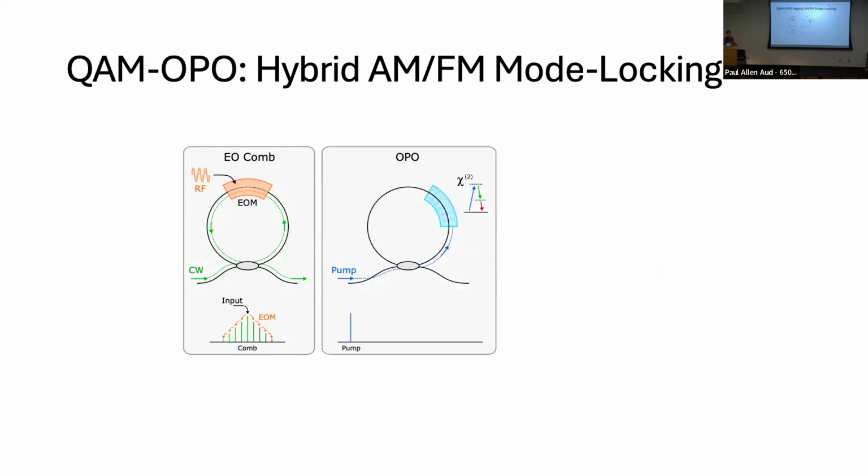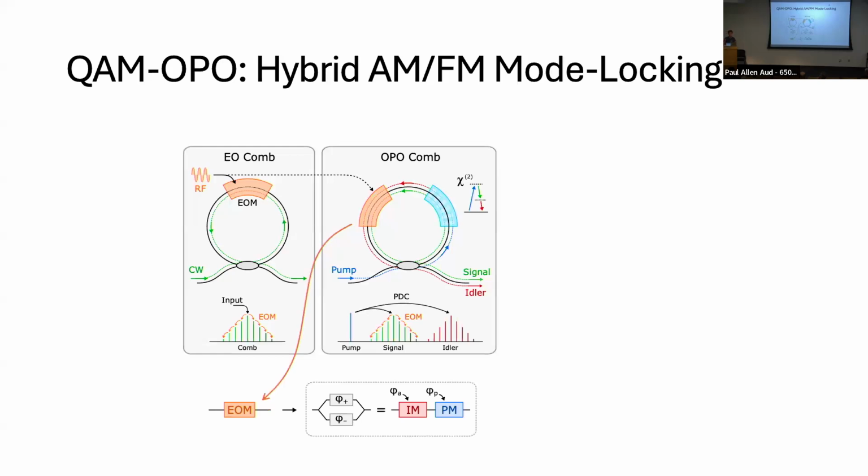In an OPO comb, you're pumping that cavity at some frequency, and the pump generates a signal and an idler. We then phase modulate the signal light, which generates a comb at the signal frequency, and you also get a comb at the idler frequency.